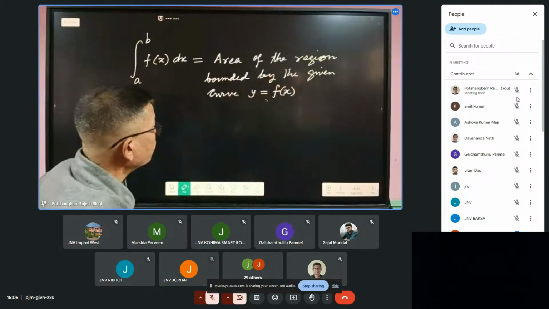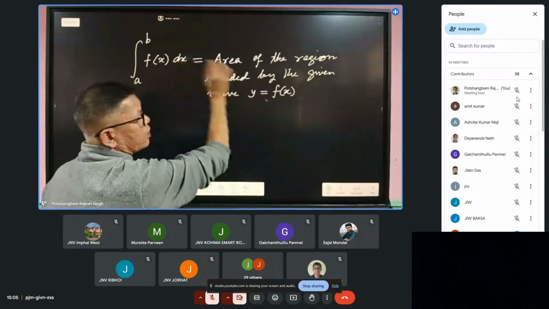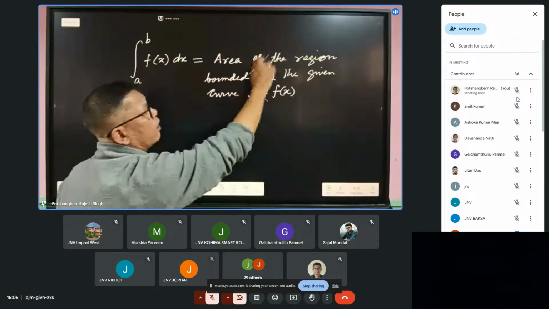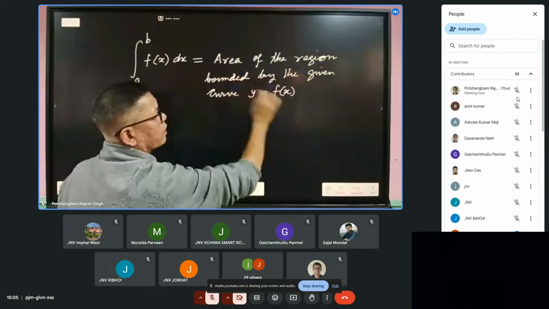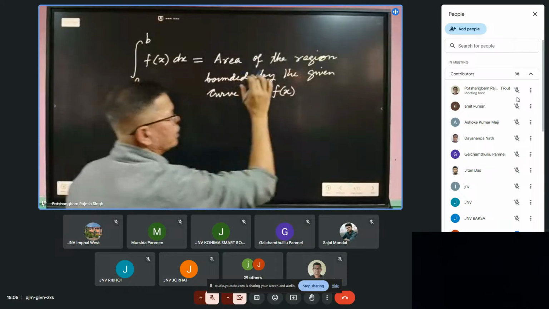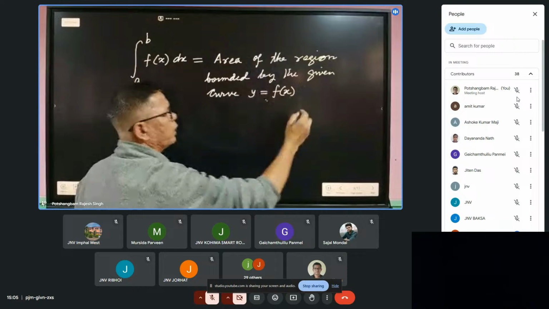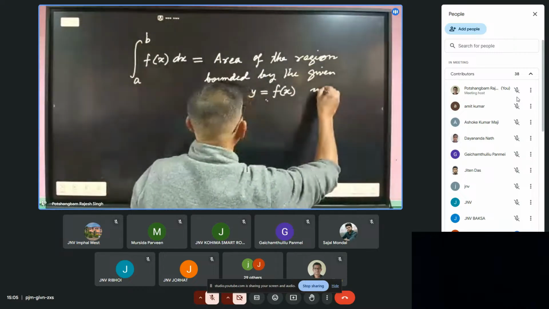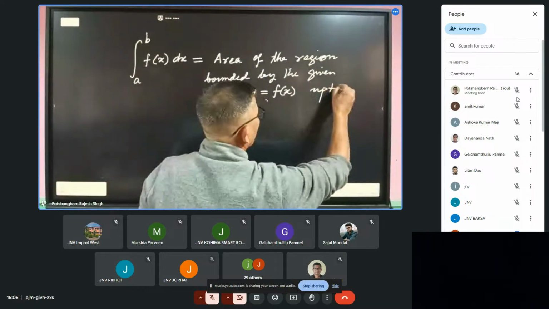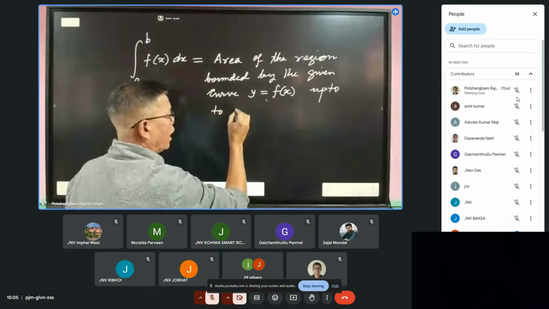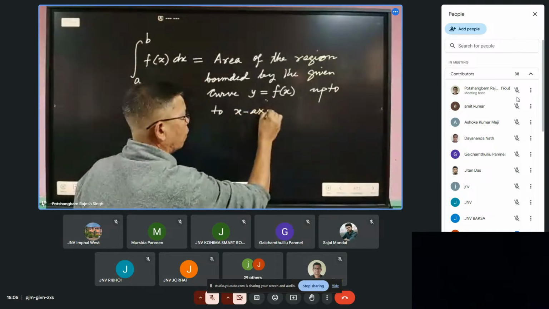So this definite integration measures the area of the region bounded by the curve. And this area, I already mentioned, should be bounded up to either the x-axis or the y-axis.